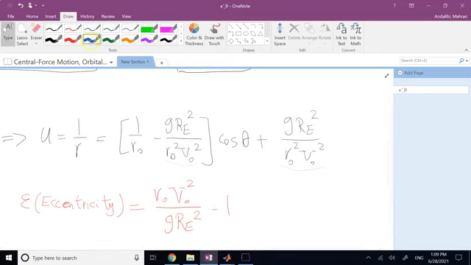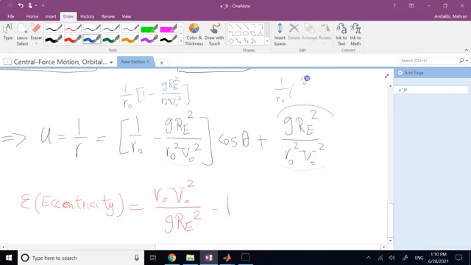But before that, what I can do is I factor out 1 over R naught out of this, so I write it as 1 over R naught times 1 minus G R E squared divided by R naught V naught squared. And this clearly, again, I can factor out 1 over R naught.